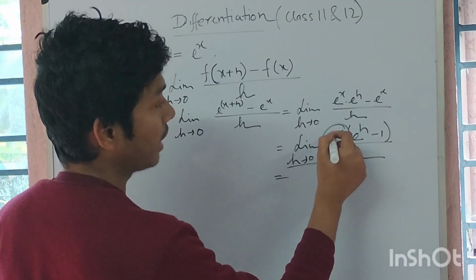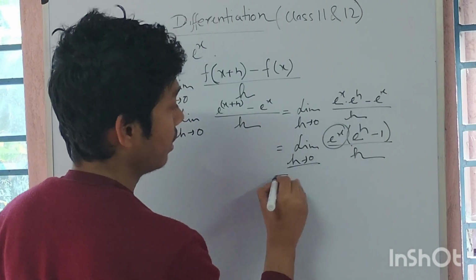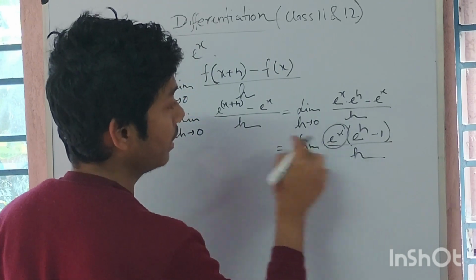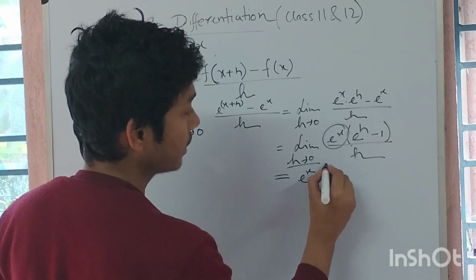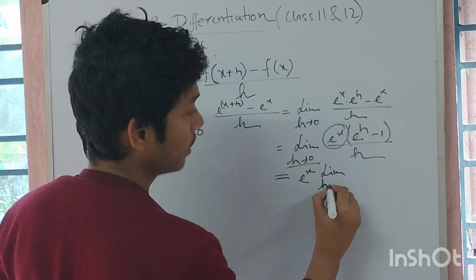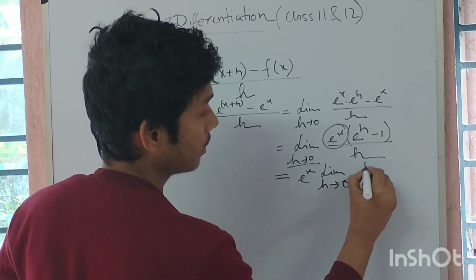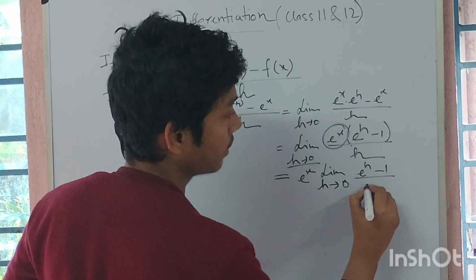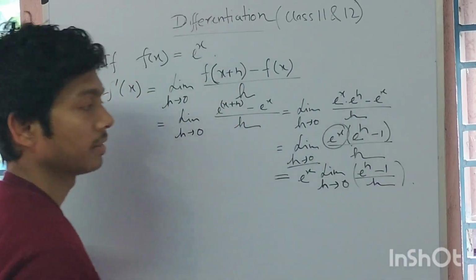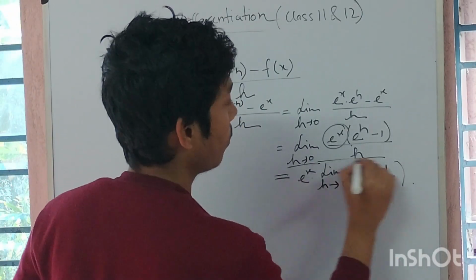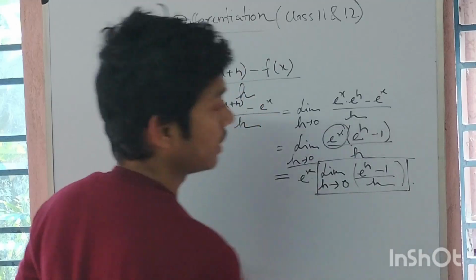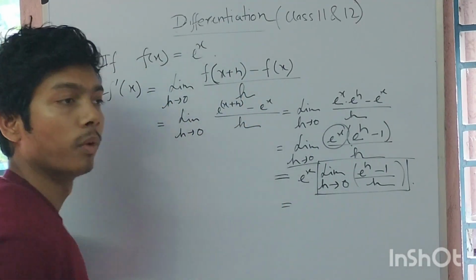So I can take it outside the limit, and it can be written like this. Then what is the value of this limit? It is a well-known formula.